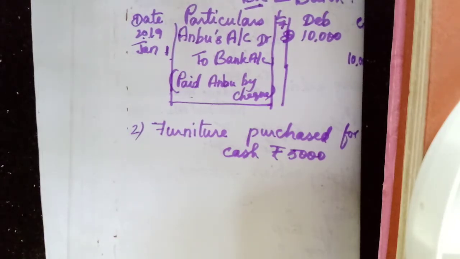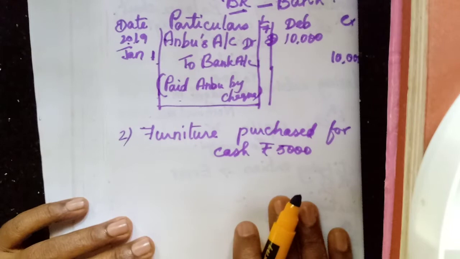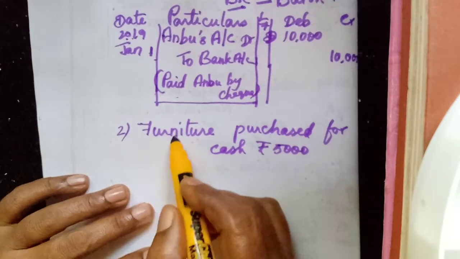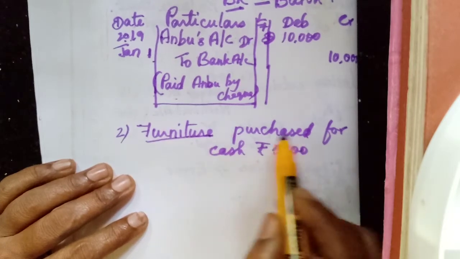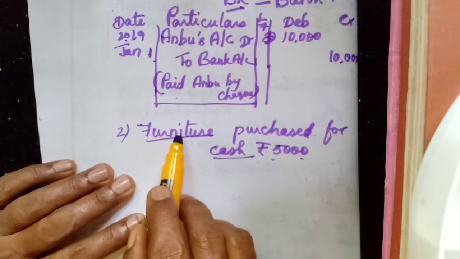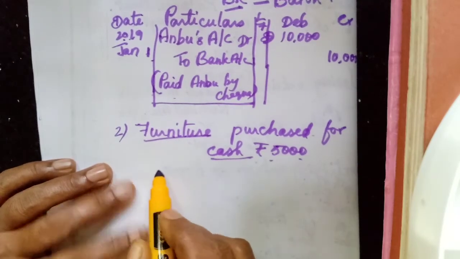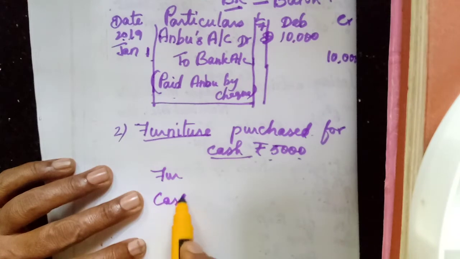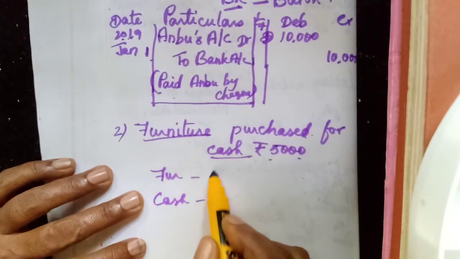We have to identify the accounts, minimum 2 accounts. Here one is furniture, then another one is cash. So we are purchasing furniture, so both are furniture and cash. Both are which account? Real account.